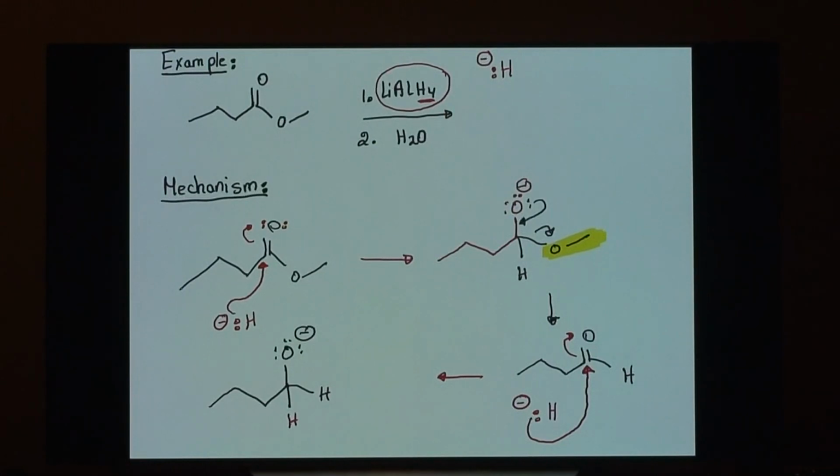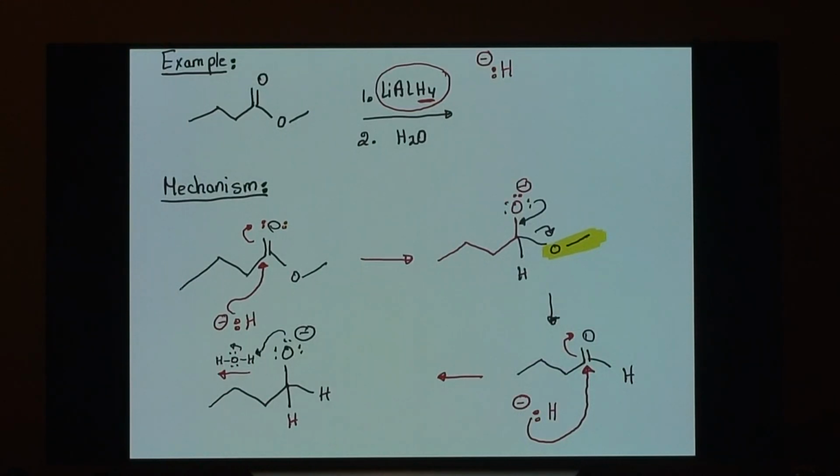So once you don't have any carbonyl anymore, now it's time to protonate. So we're going to use water, whatever solvent you have. Lithium aluminum hydride normally uses water. So now this is going to come, take the hydrogen, all of this is going to leave, and you're going to end up getting your product in this case.